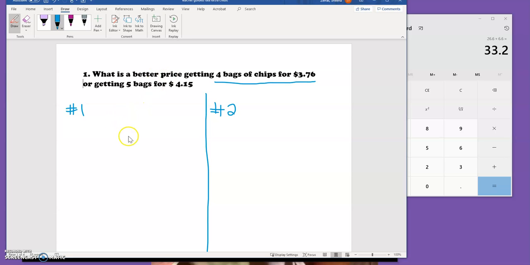And then writing them as fractions. When we're talking about money, and especially when we're comparing price, we want to make sure we're putting the dollar amount on top. So for the first one, it's $3.76 is the price for 4 bags. And then I'm going to go ahead and write the same thing here, number 2 with dollars on top.